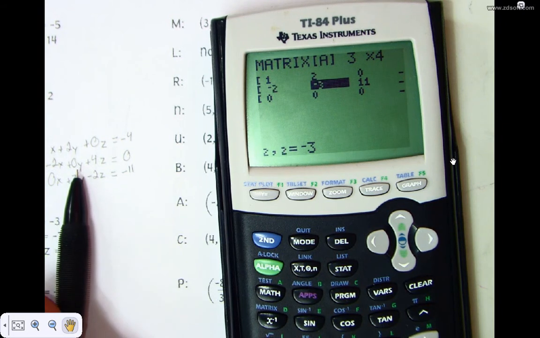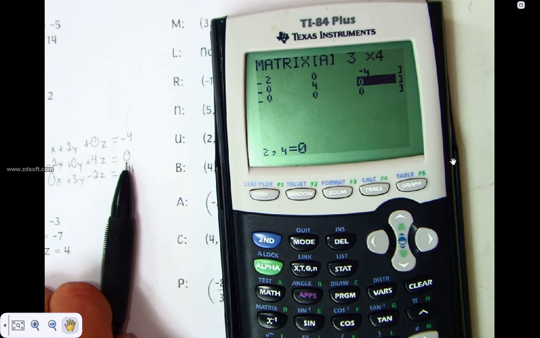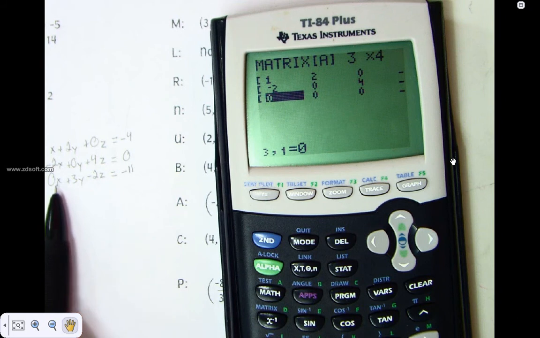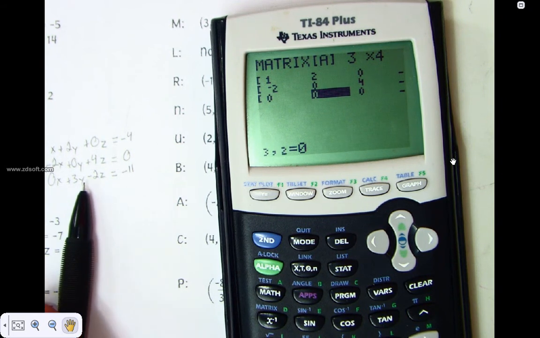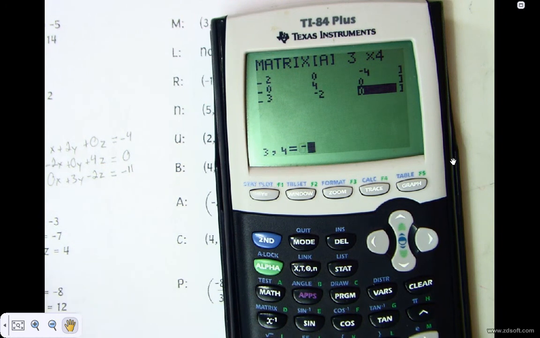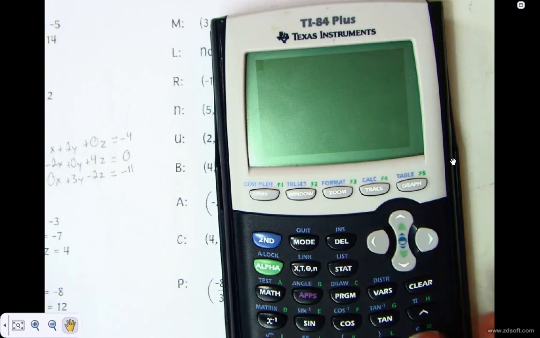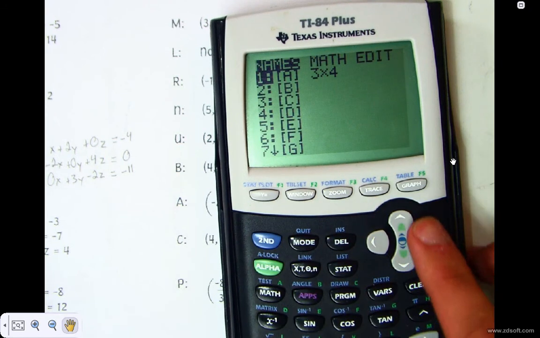How many y's? 0 y's. How many z's? 4 z's. What does it equal to? 0. Again, how many x's? 0. That's why we write it like that, okay? 3, -2, -11.